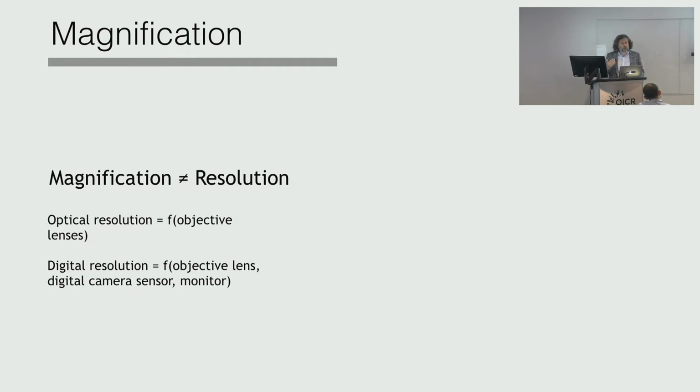These are very serious questions that we ask if you're requiring pathologists to go digital. There was no distance between my eye and the object going through the lens. Now there is distance when I look at a monitor.